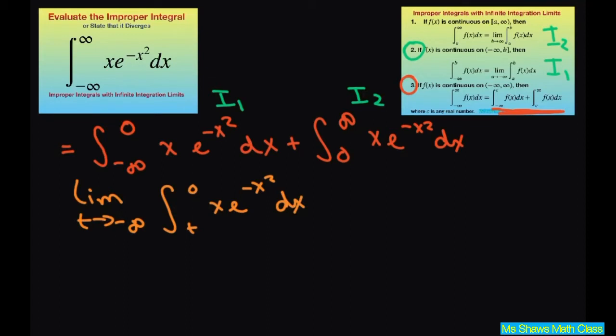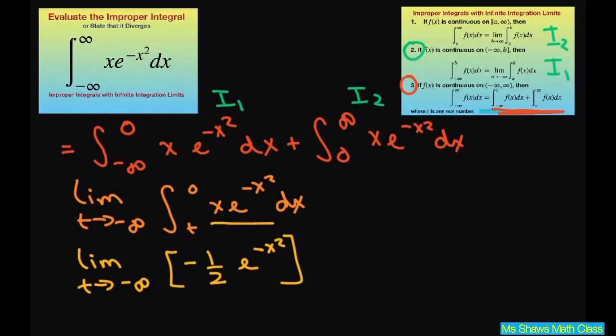All right, so this is going to equal the limit as t approaches negative infinity of negative 1/2, when you integrate this, negative 1/2 e to the power of negative x squared. And we're evaluating this from t to 0.